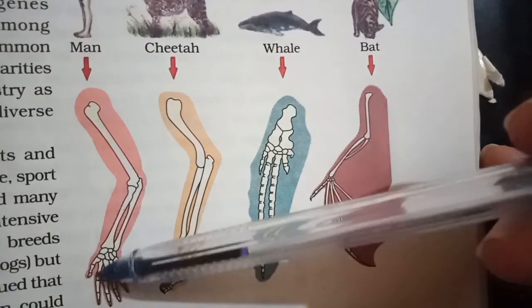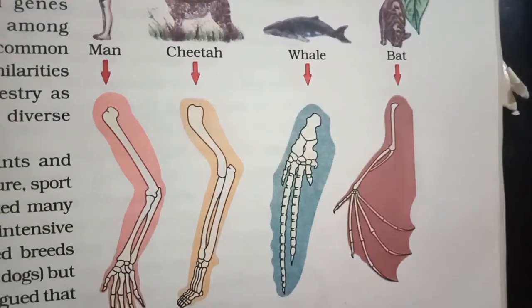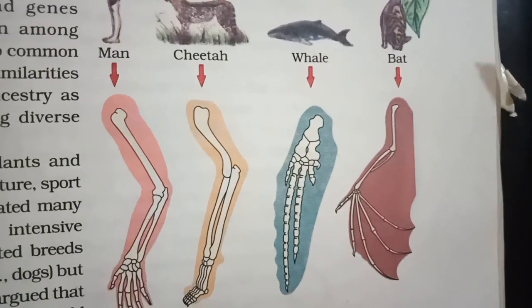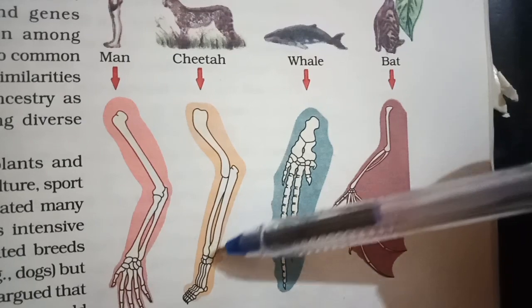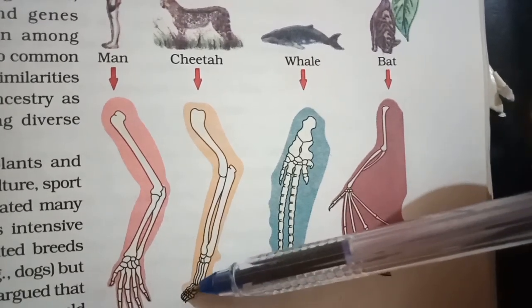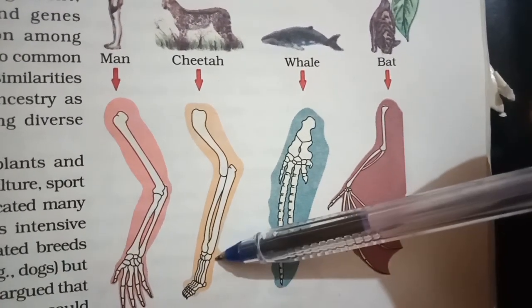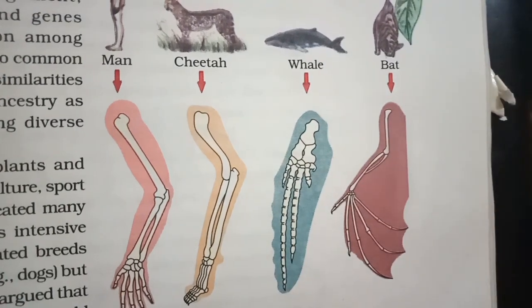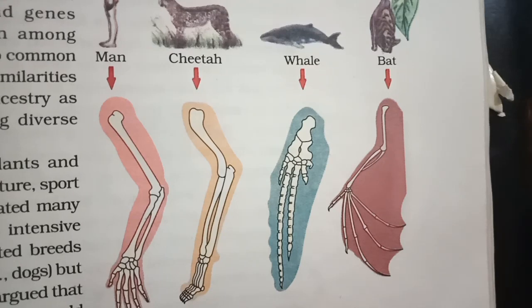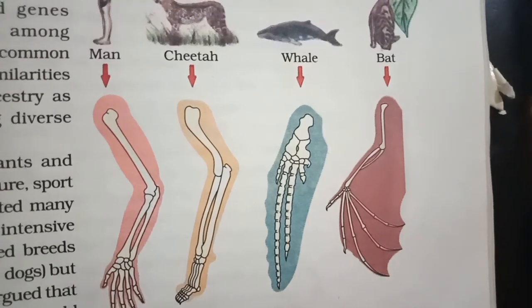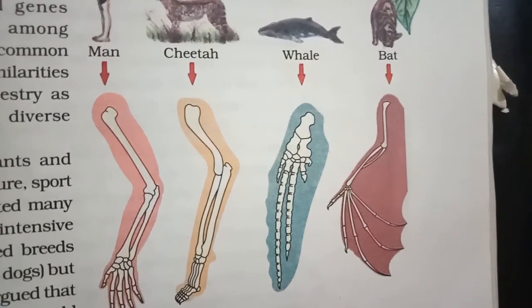So all these forelimbs have a similar basic structure. They share common ancestors but perform different functions. So they are examples of homologous organs.